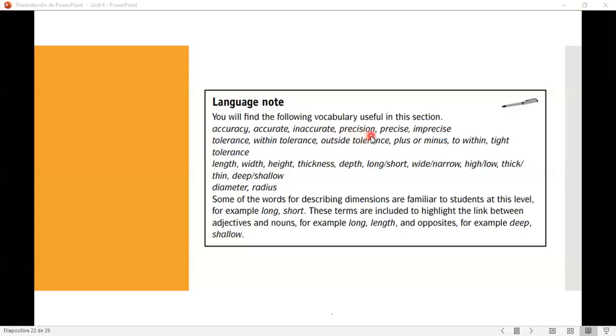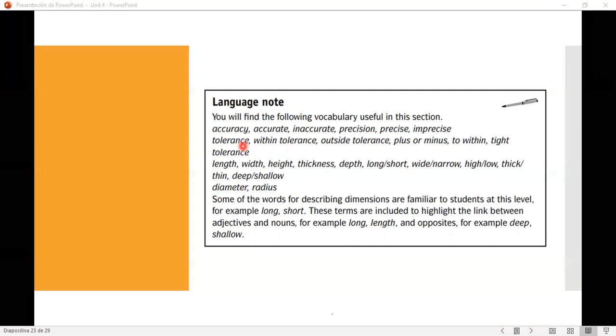You have precision, precise, and imprecise. And you've got all the words that have to do with tolerance. Tolerance, plus or minus. That is something that I mentioned before, plus minus 0.2 hertz, plus or minus 2.5 Celsius degrees.